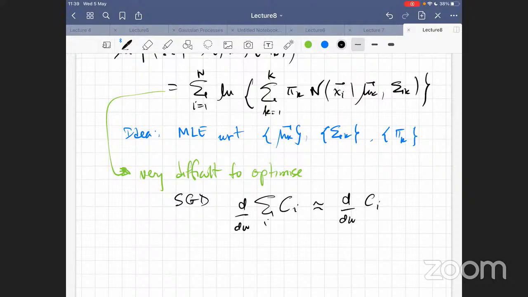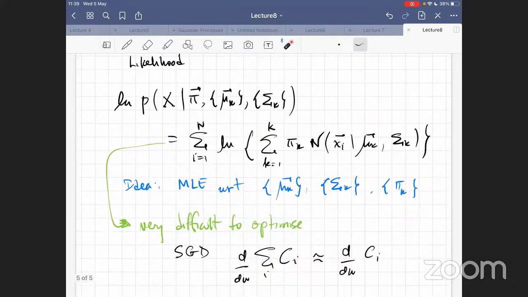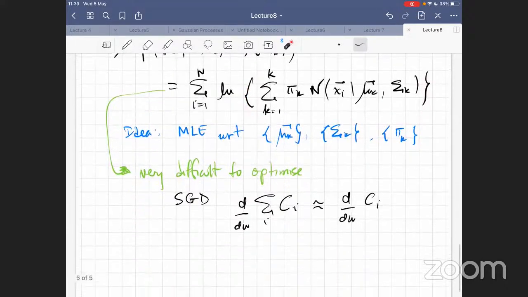This is a particular case of mini batch optimization, where you have only one term, but you can have a group of them, which is actually the typical procedure nowadays. So you cannot play this game of approximating the derivative of a quantity like this by one term, just because here you have this sum inside the log, and in practical implementation this is very complicated to optimize.